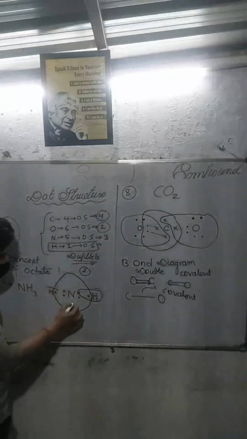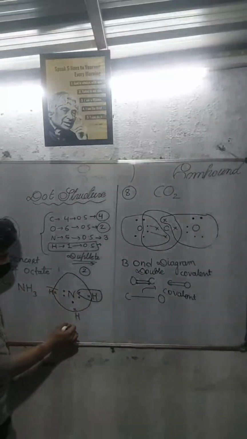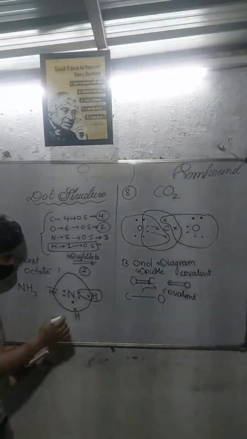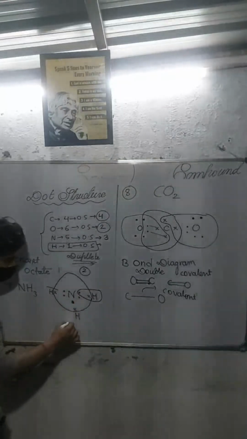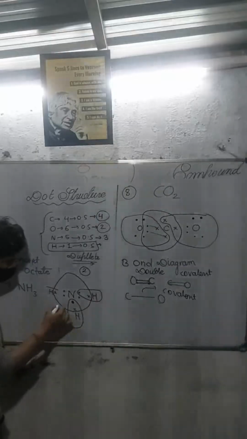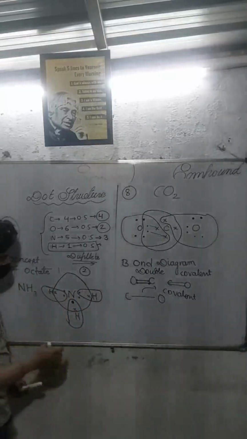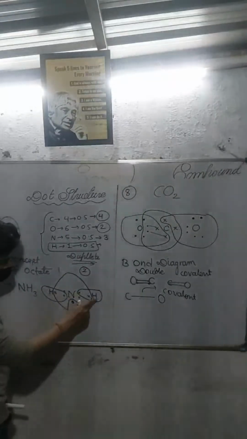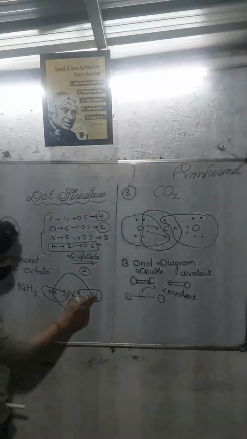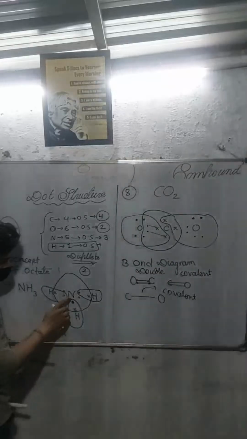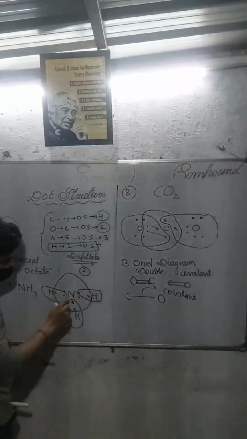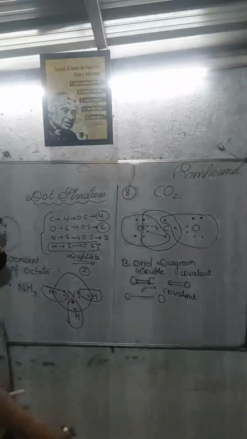We are making it, right? Hydrogen is stable, बच्चों. Yes, sir. Nitrogen is stable. 2 plus 2 is 4, plus 5, 6, 7, 8.